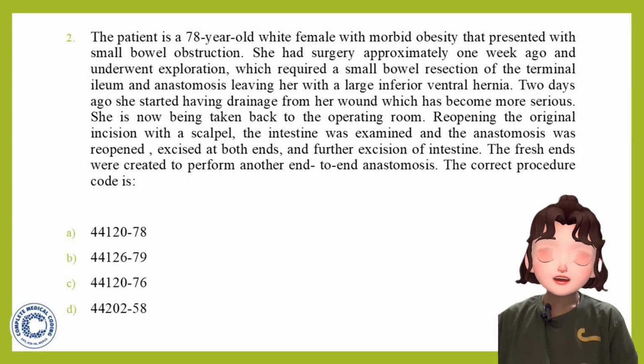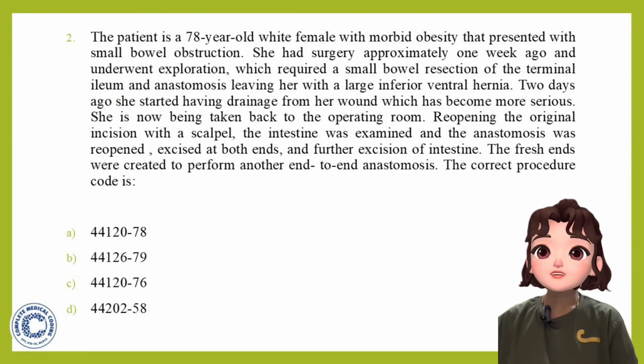Now let's move to the second question. The patient is a 78-year-old white female with morbid obesity that presented with small bowel obstruction. She had surgery approximately 1 week ago and underwent exploration which required a small bowel resection of the terminal ileum and anastomosis, leaving her with a large inferior ventral hernia. 2 days ago, she started having drainage from her wound, which has become more serious.